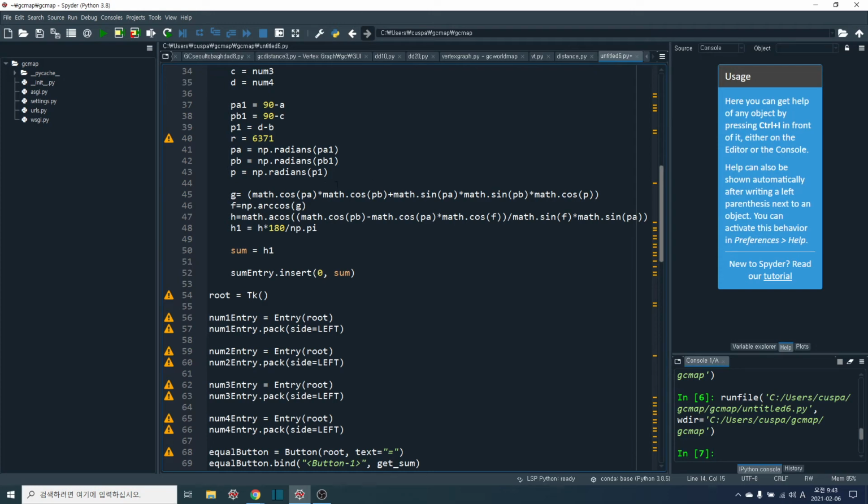The initial angle we can get with the cosine rule, and the initial angle is arc cosine of cosine PB minus cosine PA cosine AB, divided by sine PA and sine AB.